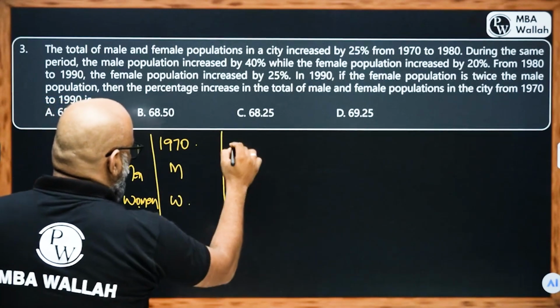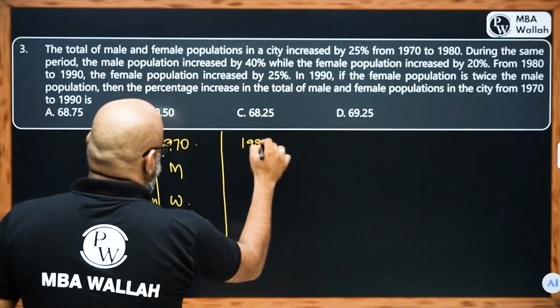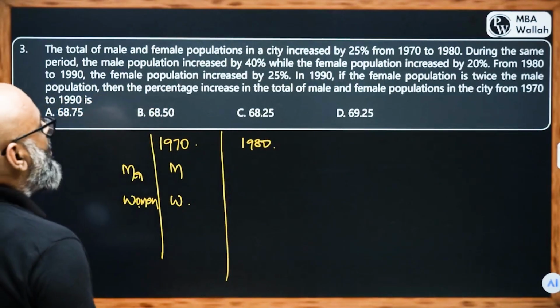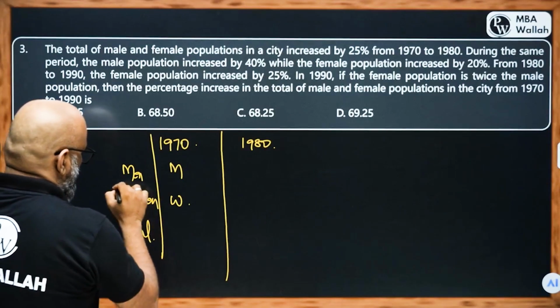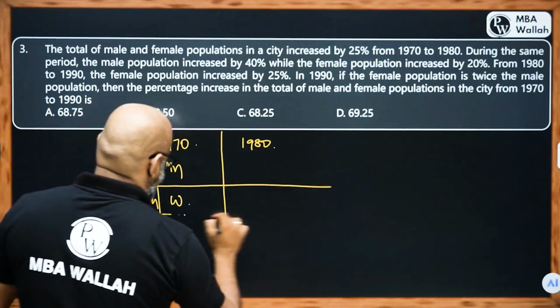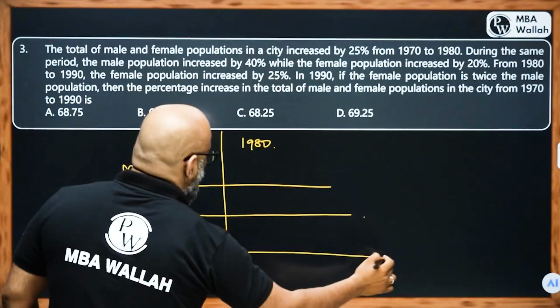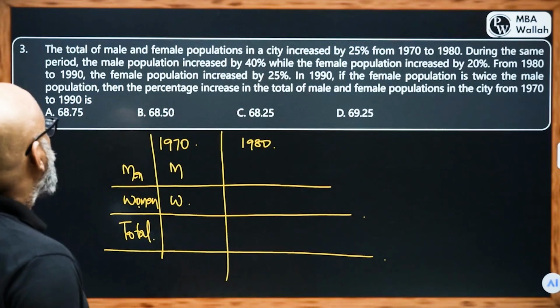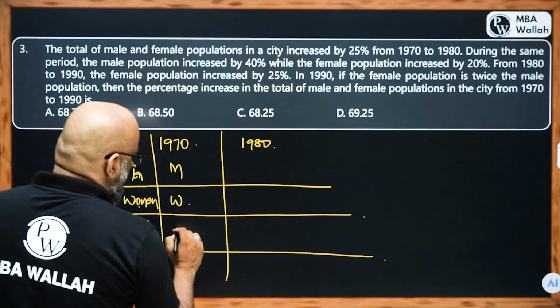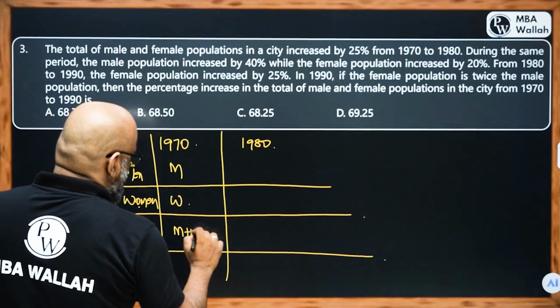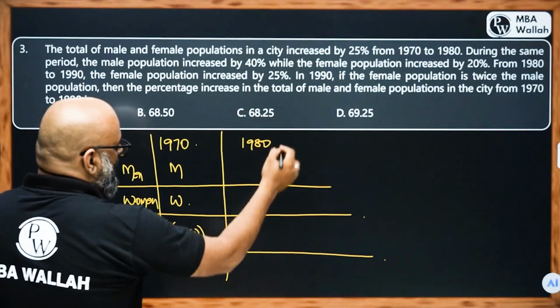So in 1980, what has happened? We'll also take the total here. The total population increased by 25%. So the total population here, M plus W, increased by 25%.